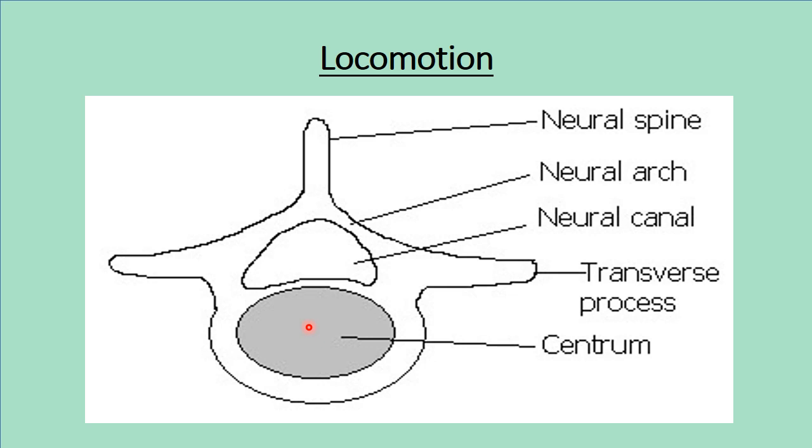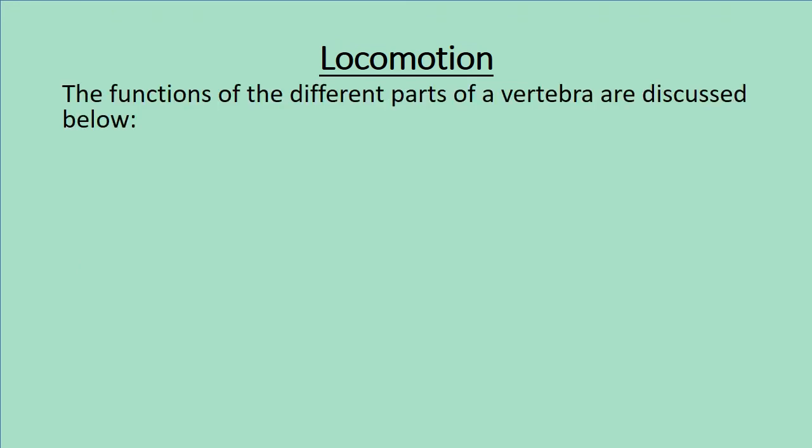Of course, between this vertebrae and another vertebra, there are what are called intervertebral discs. So the centrum is attached to the intervertebral discs, and then the intervertebral discs connect this given vertebra to another vertebra. So just a recap.